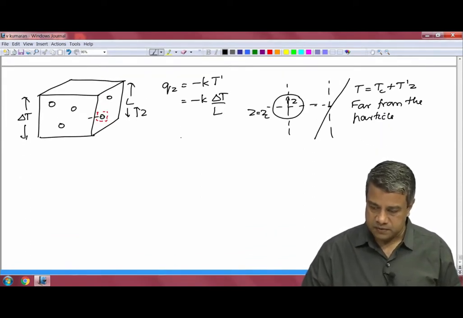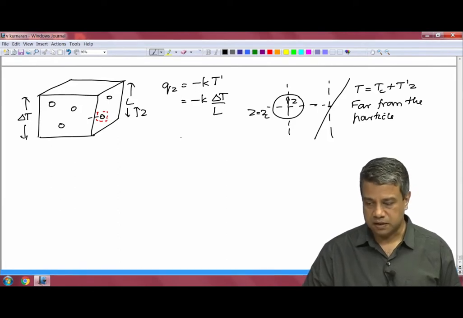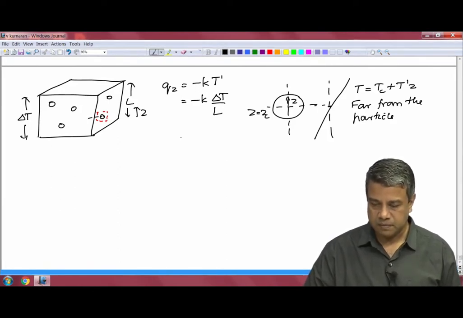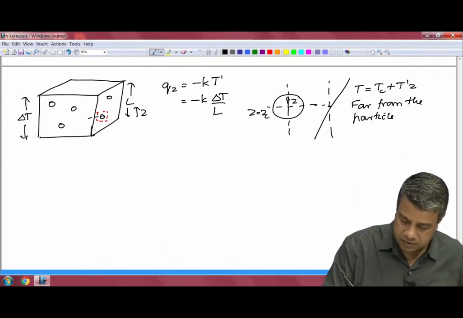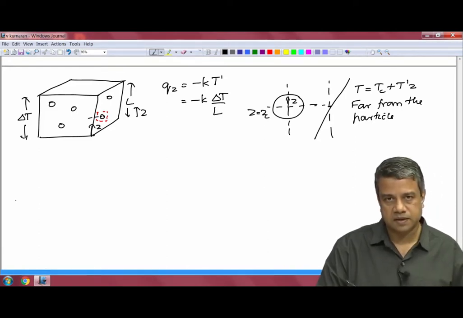So, the problem is as follows at the single particle level. I have a particle whose location is at z equal to zc. Z equal to 0 we took from the bottom surface.